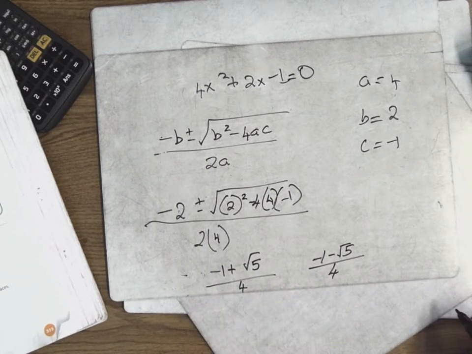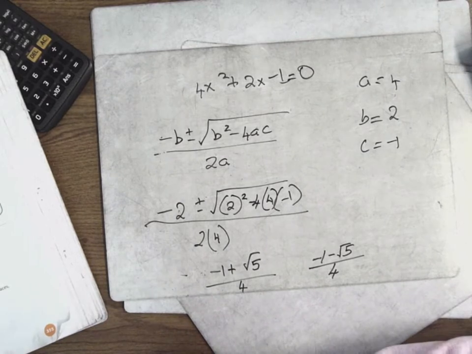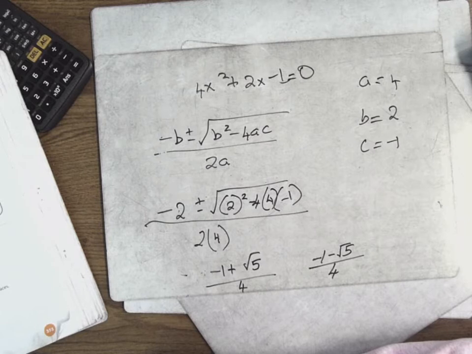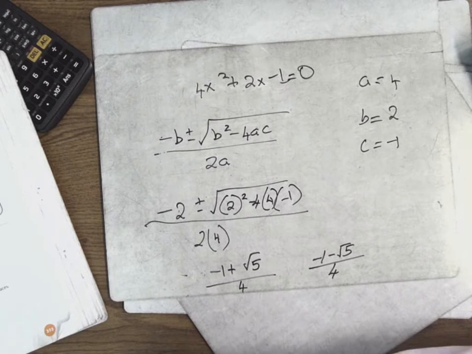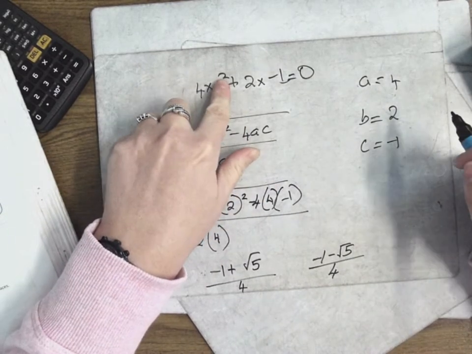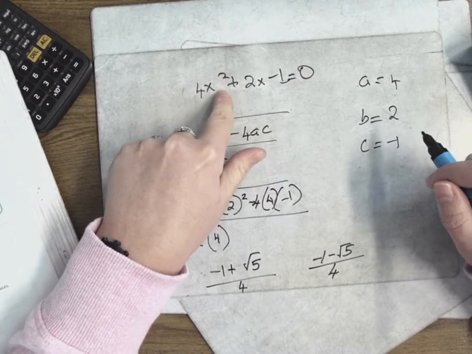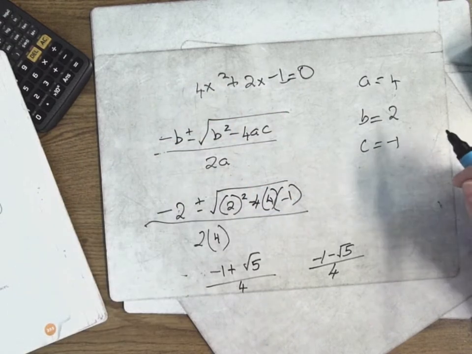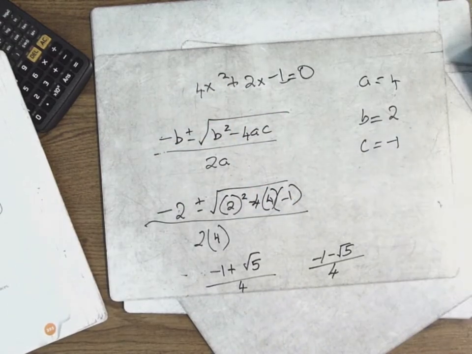Go back and do it again. Usually with factorizing, when it was x squared, you got 2 answers. It's the same here. You still have to get 2 answers because the highest power of x is x squared. That applies to everything.